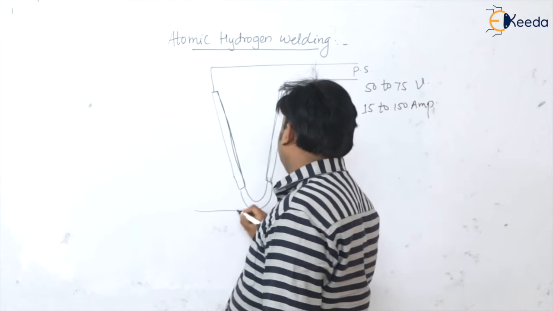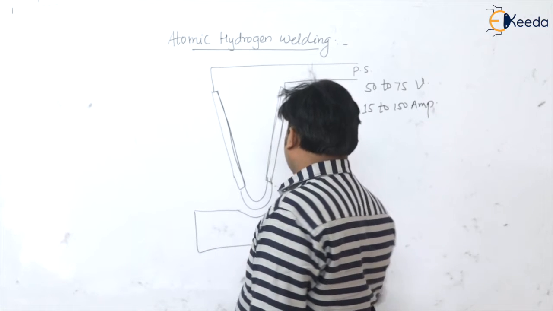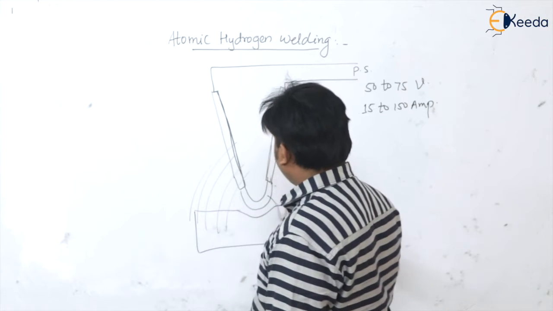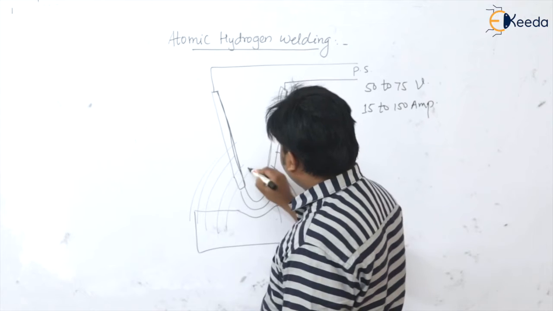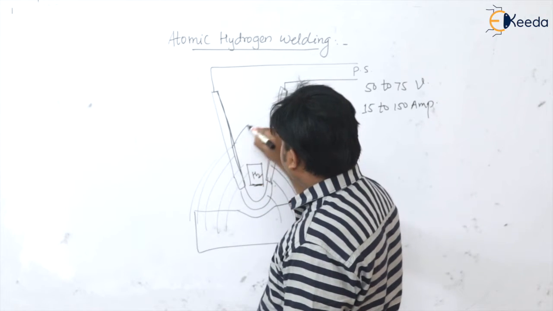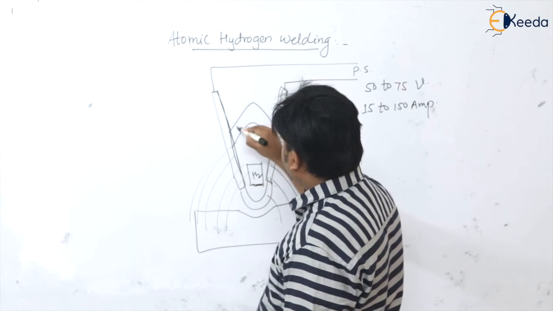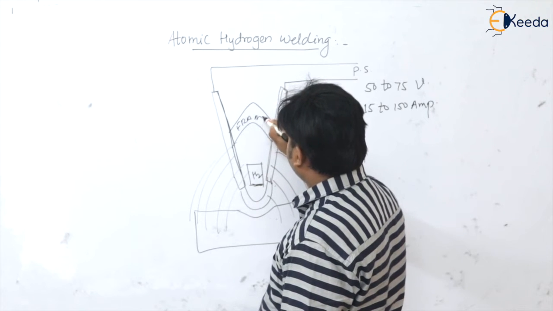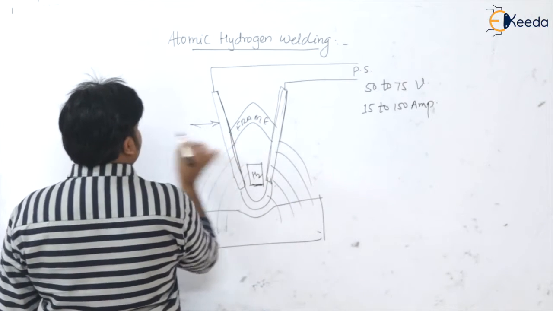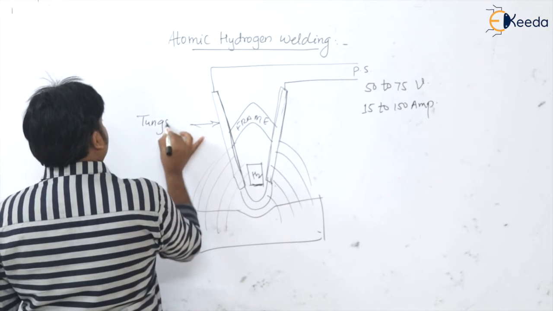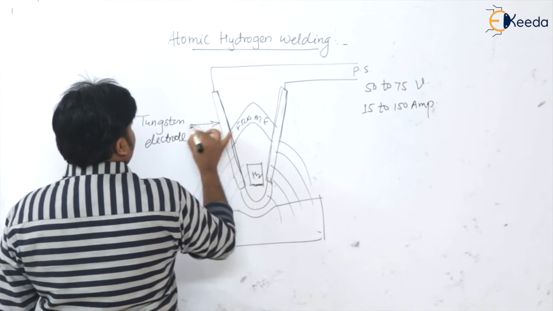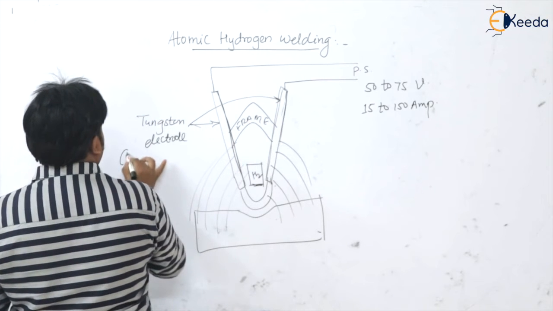Now this is our weld. This is the shielding of hydrogen gas, because we are going to supply the hydrogen. This is the frame of the tungsten electrode, and this is also a tungsten electrode, and these are non-consumable.